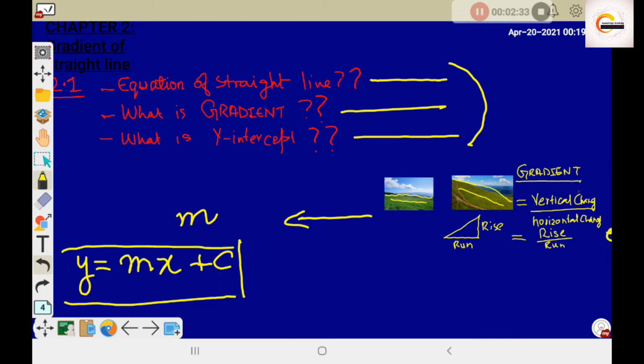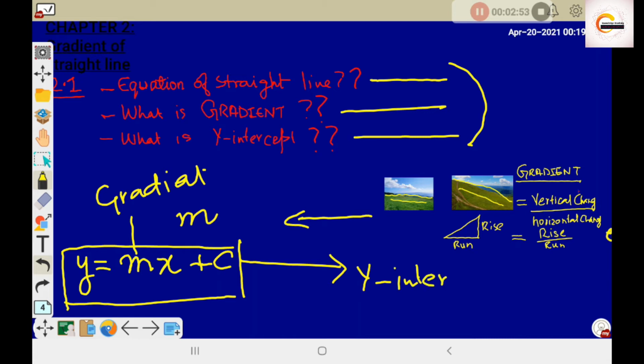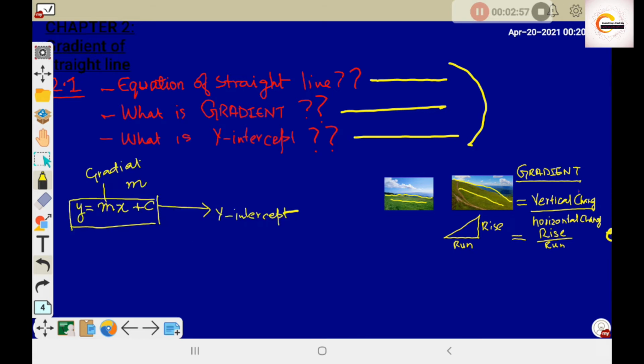So this equation of the straight line can be written in this form, where m is the gradient and y and x we already know are the variables, and c is basically the y-intercept.